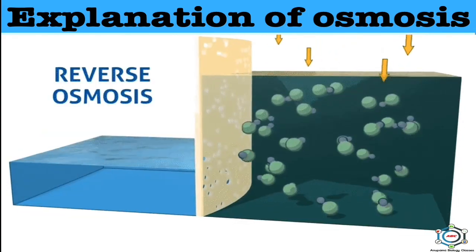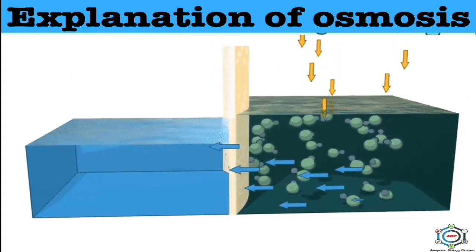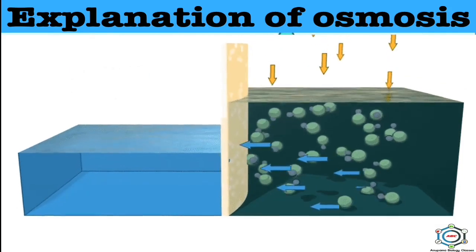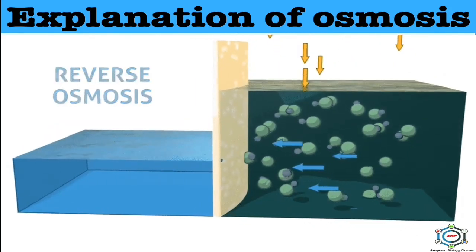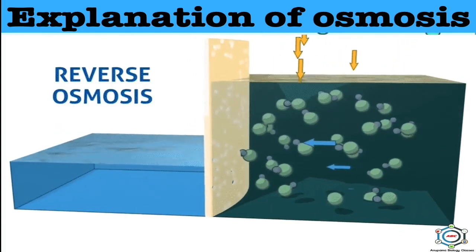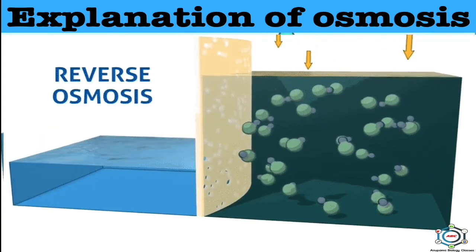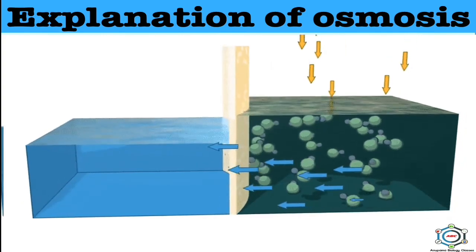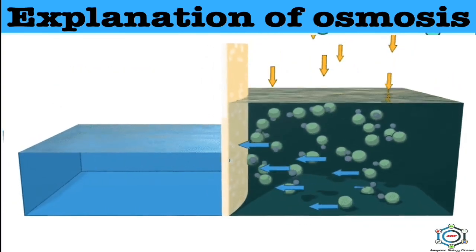Here you can see a process known as reverse osmosis, that means the opposite of osmosis. Reverse osmosis is also known as hyperfiltration. It is a technique that allows the removal of contaminants from water molecules through a semi-permeable membrane. The process requires a driving force via pressure from a pump to push the fluid through the membrane.